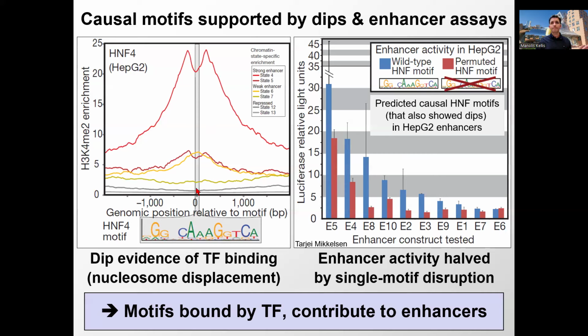Does that make sense? And then you can ask, how does that look for, say, the wild type HNF motif or a permuted HNF motif? And you can see here the corresponding luciferase activity in an experimental validation is actually dramatically reduced if you just change this one motif.